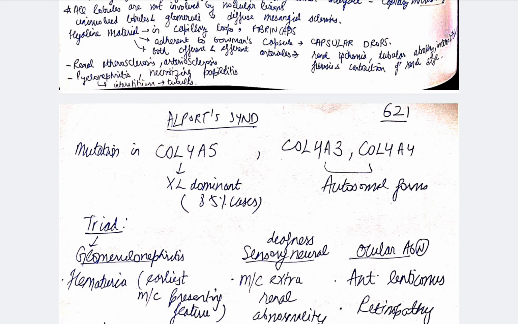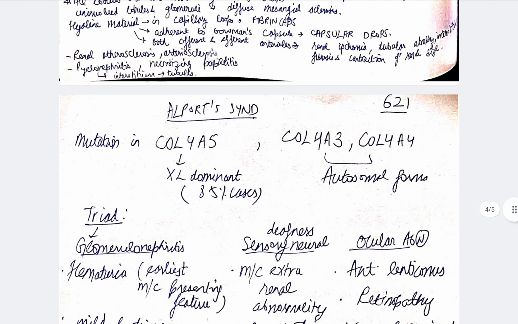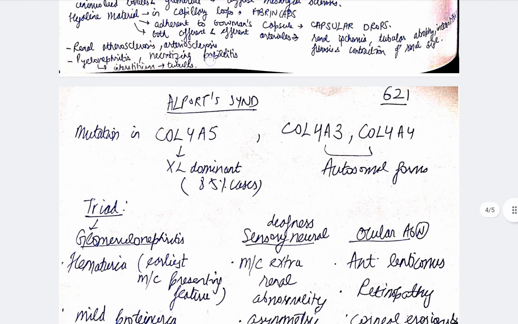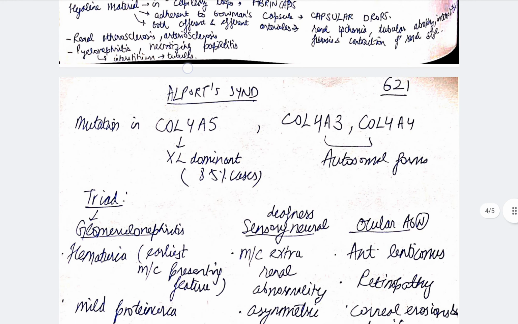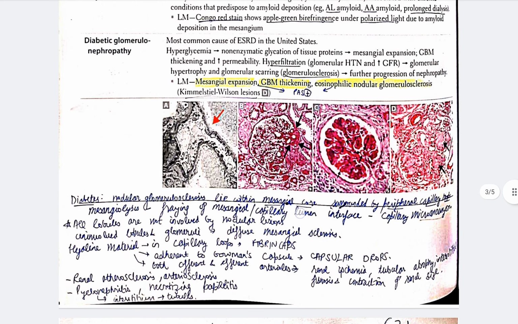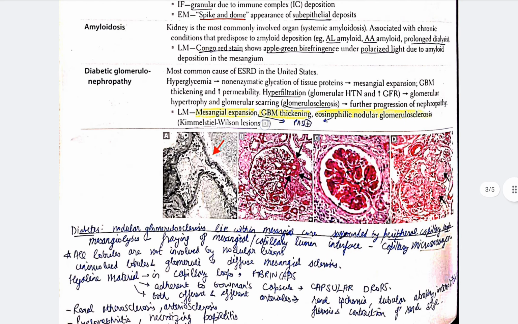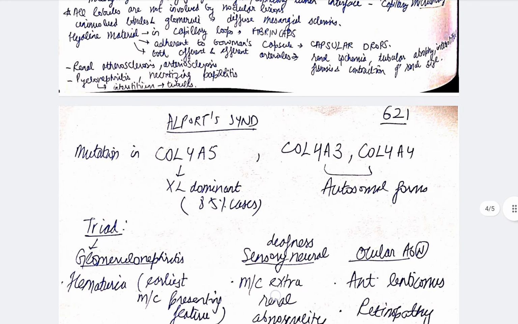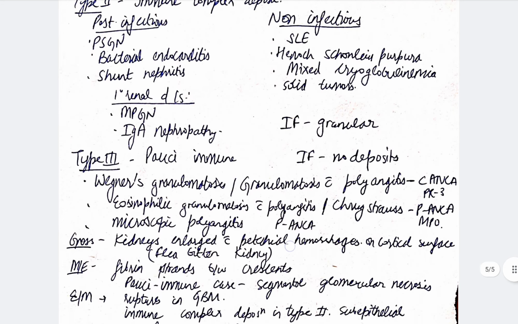And also renal atherosclerosis, arteriosclerosis, pyelonephritis, necrotizing papillitis. Means infections are likely to occur. That is about diabetic glomerulopathy, and the classical name given to it is Kimmelstiel-Wilson lesion.